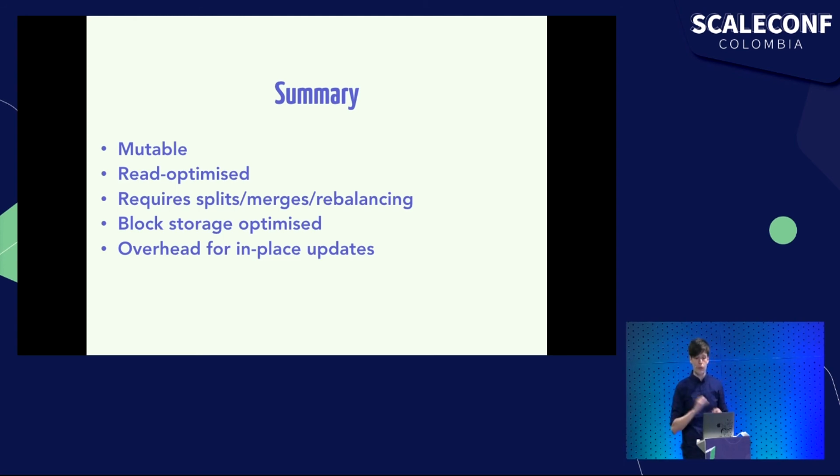They are optimized for paged environments, meaning block storage, where byte addressing is not possible. So maybe things are going to change with NVM storage. A mutable implementation needs some overhead to allow in-place updates and inserts.